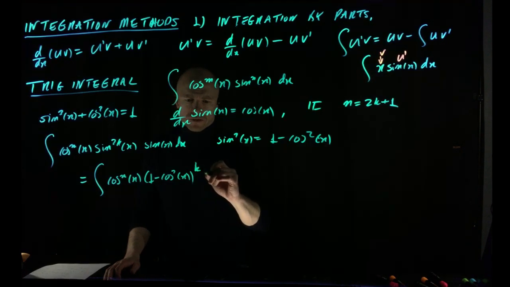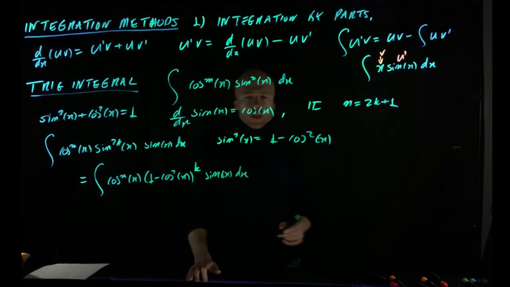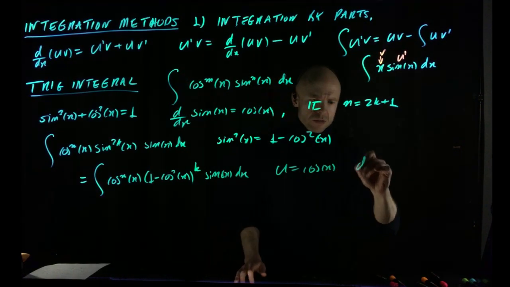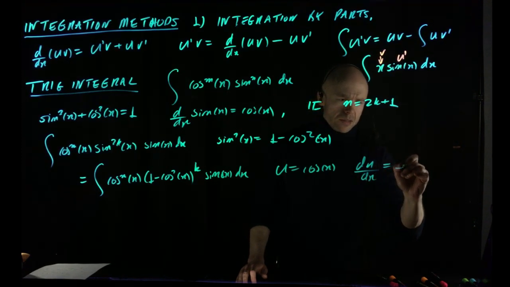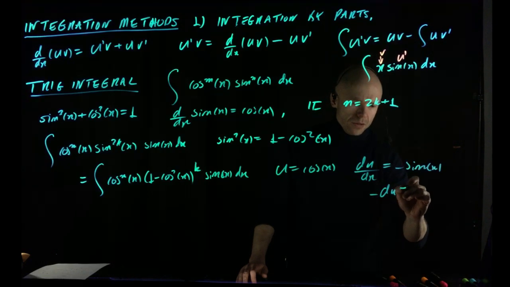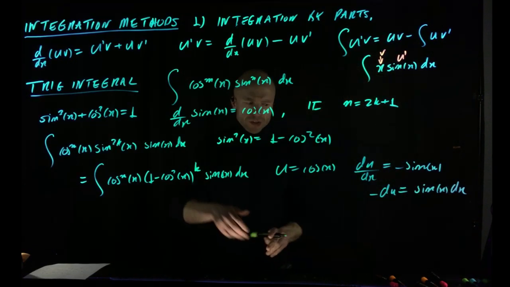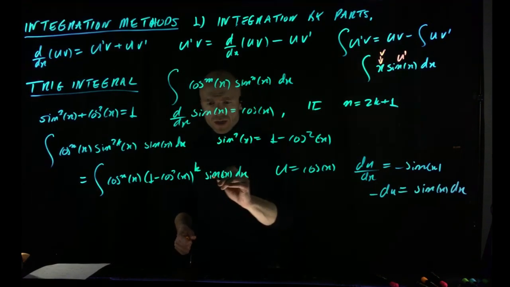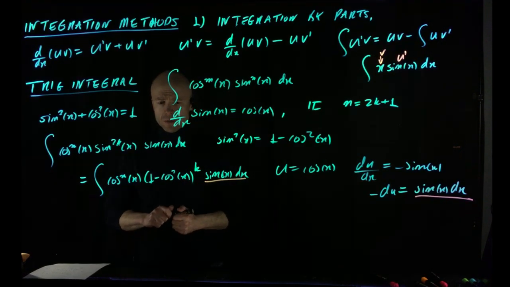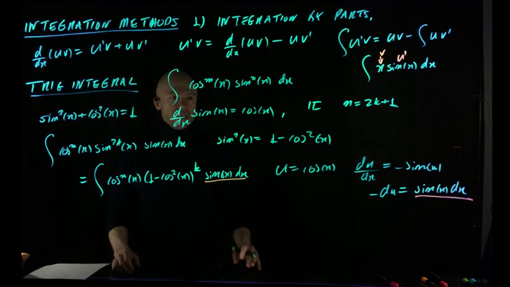And then we just have a sine of x dx, right? And then the natural thing is to let u be cosine of x, because du by dx is minus sine of x, and therefore minus du is equal to sine of x dx, which is this structure right here. So then we can replace this with minus du, and all of these guys just get turned into u, so we just end up with a polynomial of u, which we can integrate.